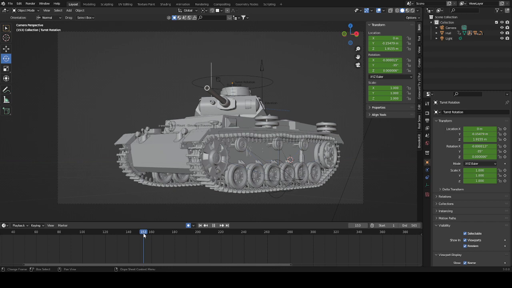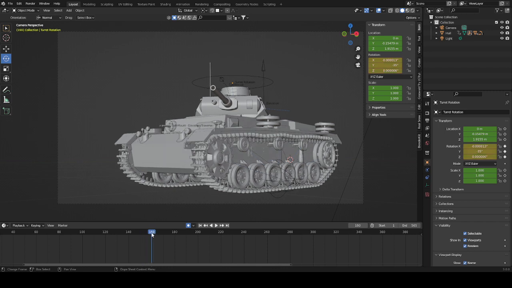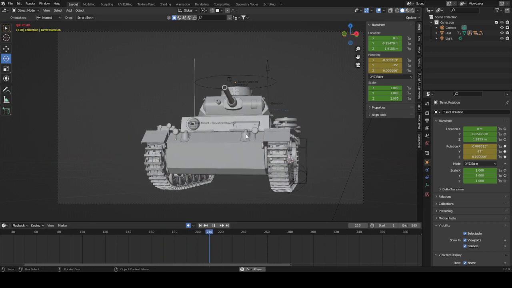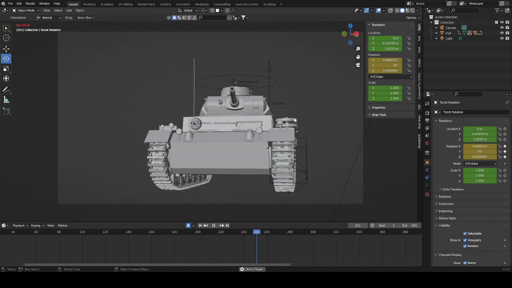Even the first Panther variant still had a hand crank turret and didn't use electrical drives for the whole turret, which then got introduced later in one of the follow-up variants.